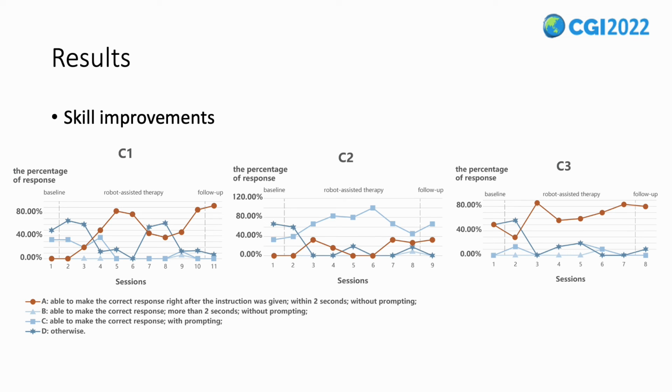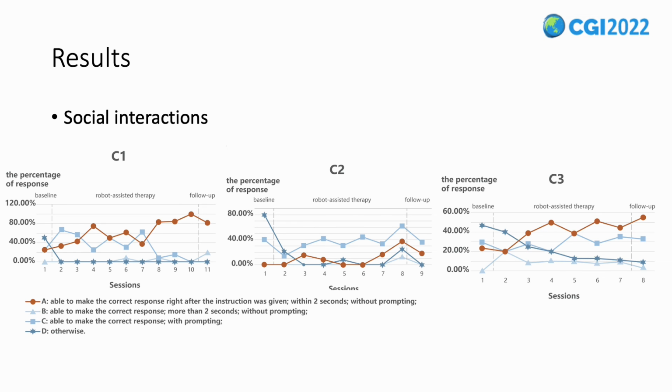The results of children's skill improvement show that all 3 children's correct responses significantly improved from baseline to follow-up. And these figures show all 3 children's social interactions show upward trend.